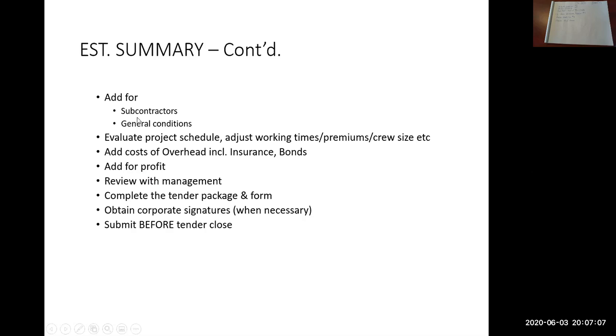So once your manager is satisfied with your estimate and you've come up with your profit, so then you fill out your tender package. So you write in your unit prices, you extend those unit prices to the totals, which is what we did last week's assignment, right? That spreadsheet.